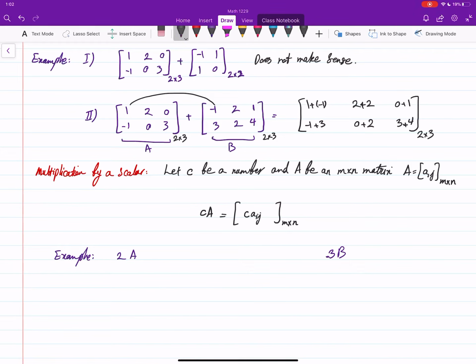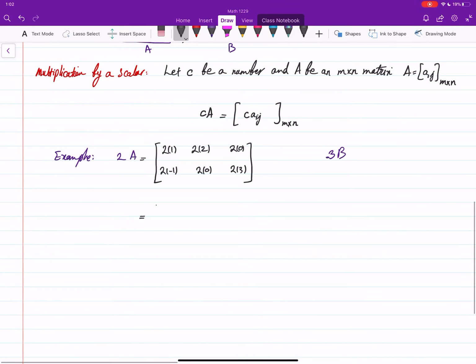Well, just multiply entry-wise in this case. So 2 times 1 is the first row, first column. 2 times 2, 2 times 0, 2 times negative 1, 2 times 0, 2 times 3. This gives us 2, 4, 0, negative 2, 0, 6.